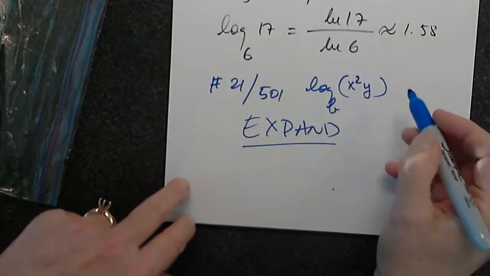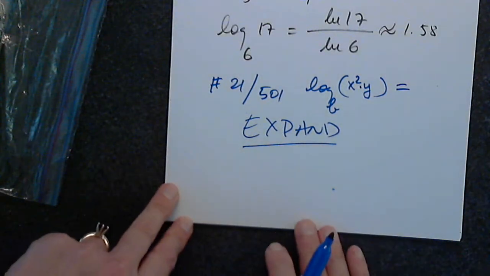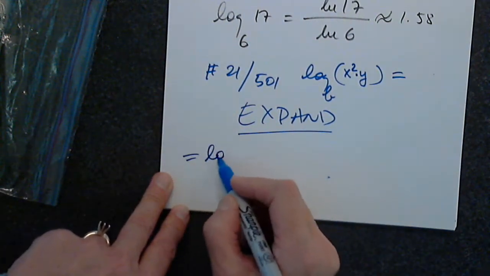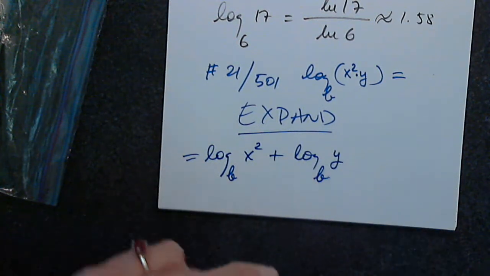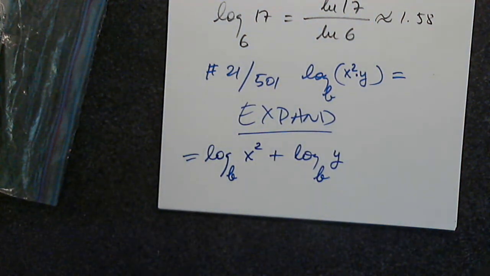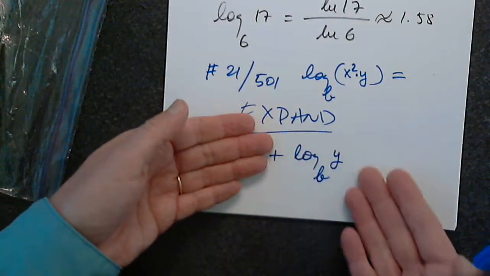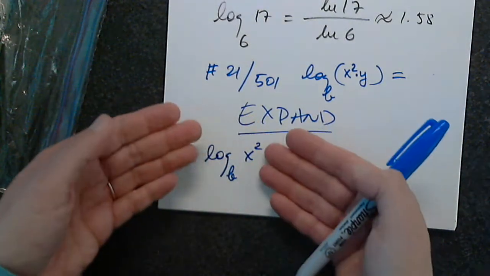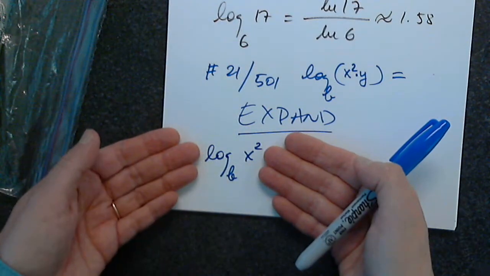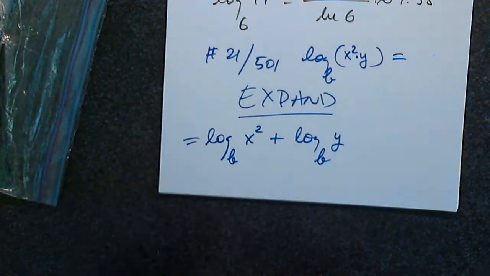So when I look at this problem, first of all, I see a product. So definitely this will change into log base b of x squared plus log base b of y. That's my starting point. This cannot be further simplified. This is done. There is no property that I can apply here, but there is one property that I can apply here. The power rule.